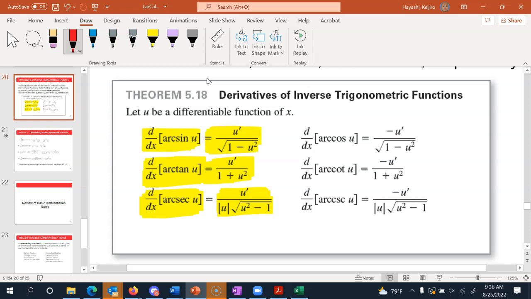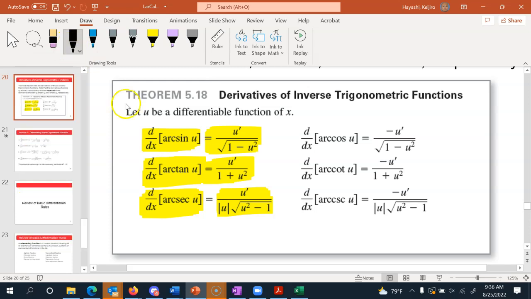Being in terms of u, much like those derivative rules on that one page in the course content folder that I sort of peeked at on Tuesday.